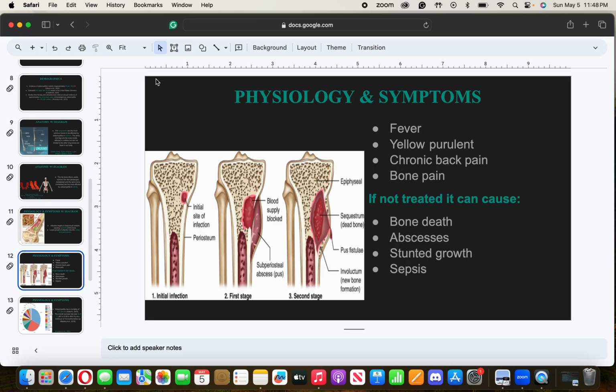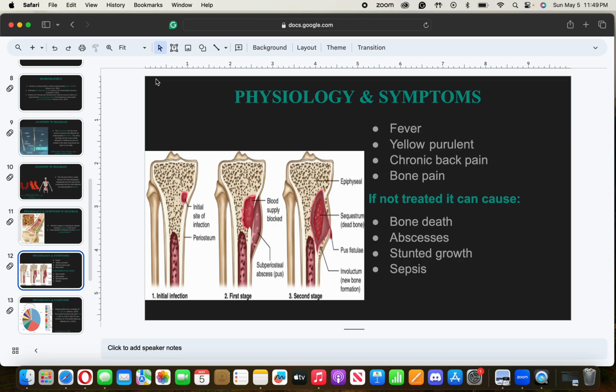So, physiology and symptoms. It's prevalent that osteomyelitis is present in the body when a person spikes a fever, has yellow purulent secretions, is experiencing chronic back pain and bone pain.